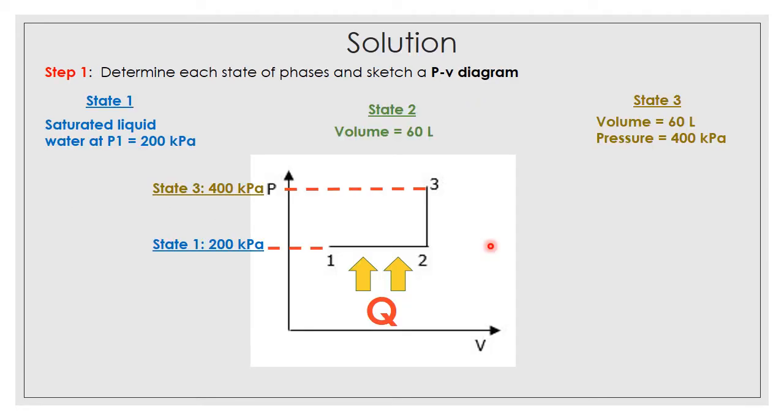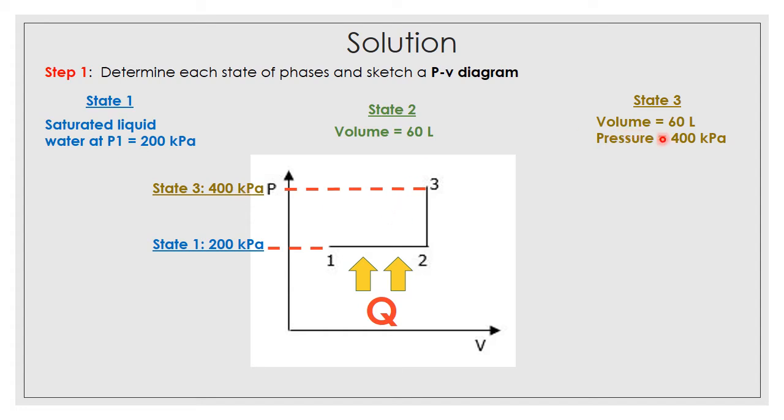Step 1, determine each state, phase and sketch a P-v diagram. State 1, saturated liquid water at P1 200 kilopascal. So we can state over here 200 kilopascal, state 1, and this Q refers to the heat that is added continuously until it reaches state 3, which is double the state 1 pressure, 400 kilopascal.